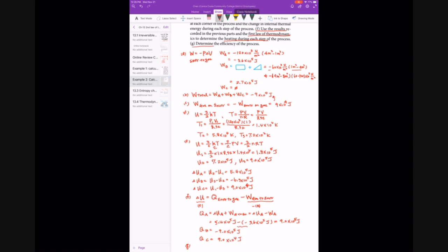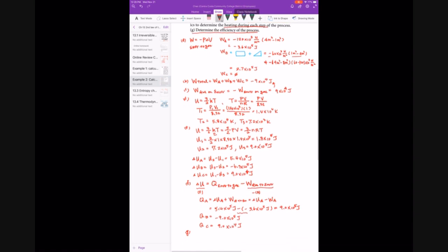Now, the last one that we're going to do is determine the efficiency of the process. The efficiency of this whole process, 1 to 2, and 2 to 3, and 3 to 1.